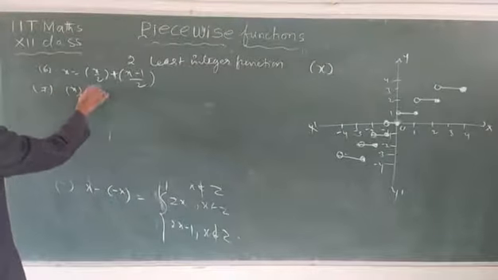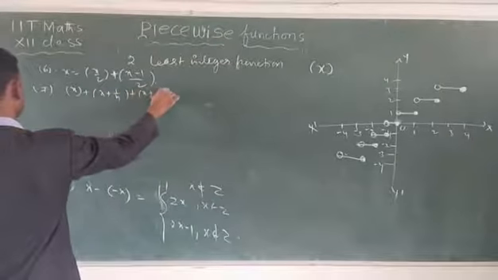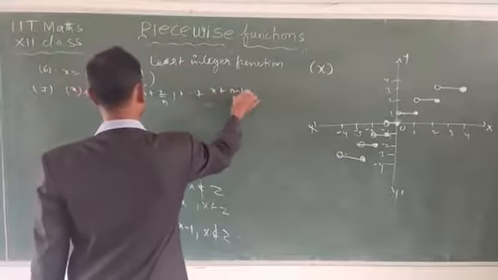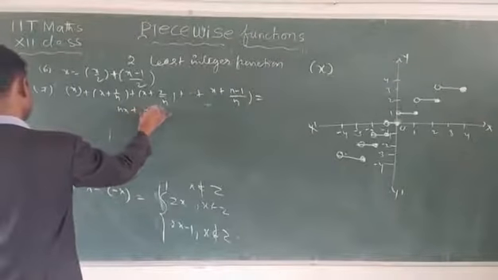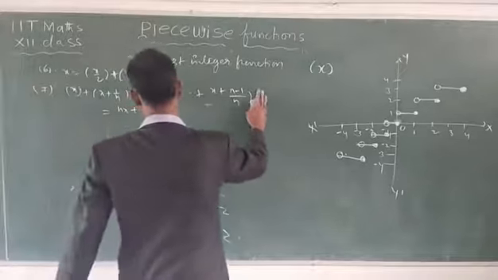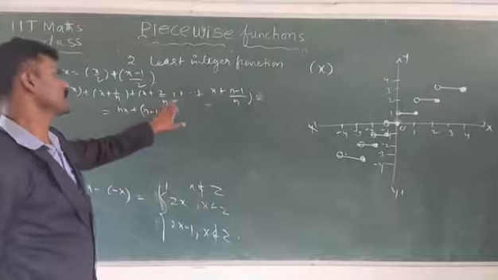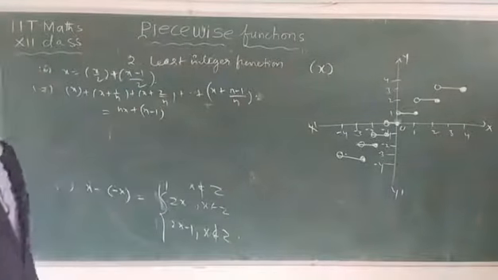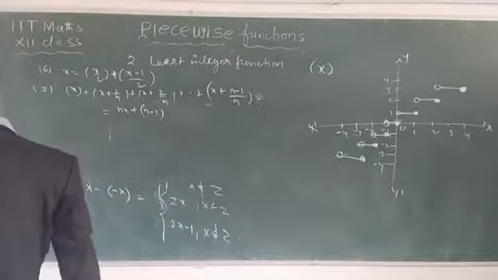Now step of x plus 1 by n plus step of x plus 2 by n, and so on, up to step of x plus n minus 1 by n, is equal to step of nx. Here the greatest integer function means only this is nx.